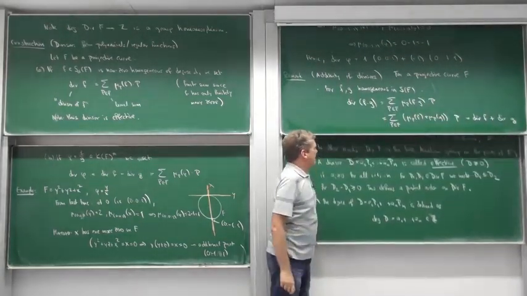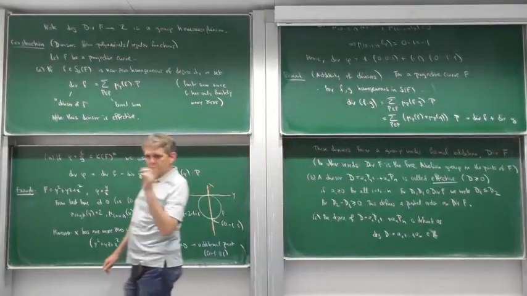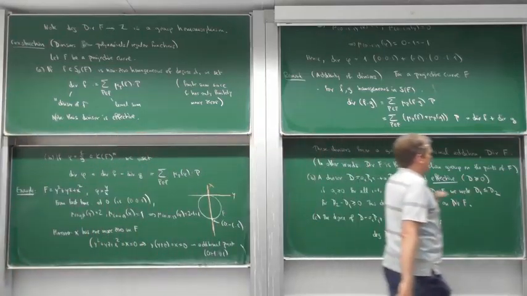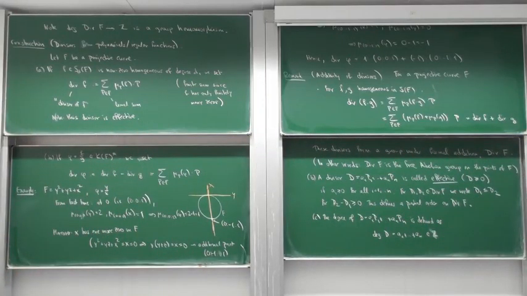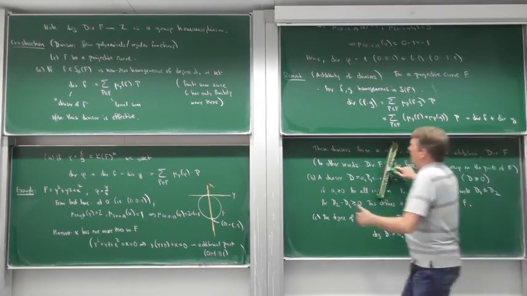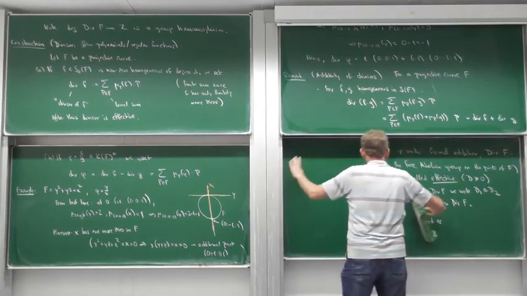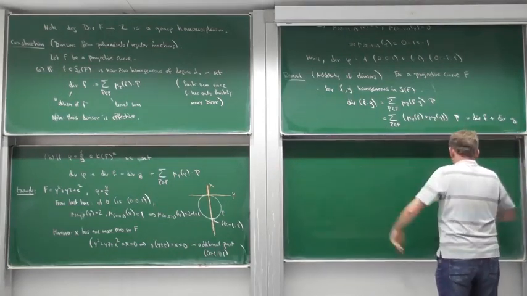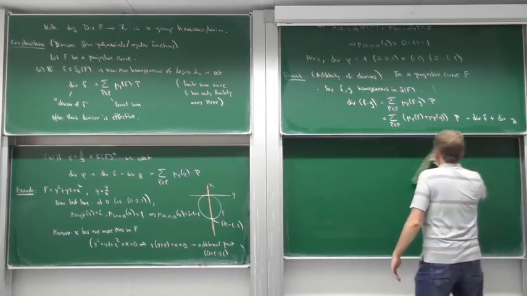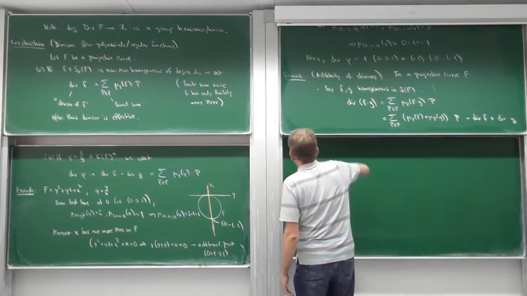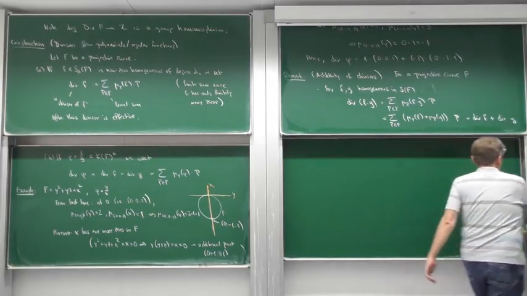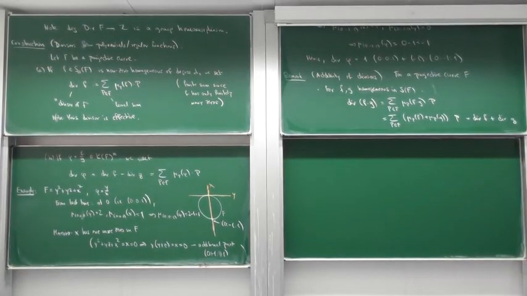And in the same way that works for rational functions, so if I have two rational functions, phi and psi, then the divisor of phi times psi will be the divisor of phi plus the divisor of psi.